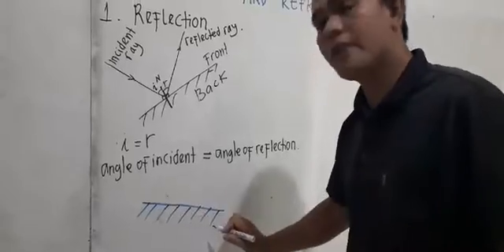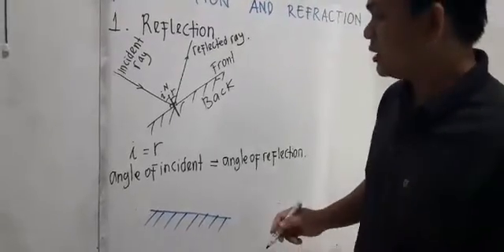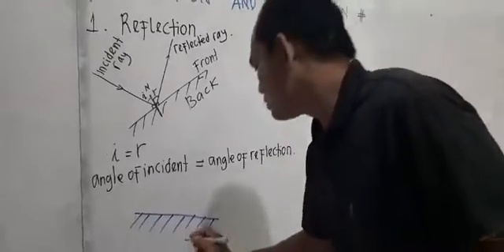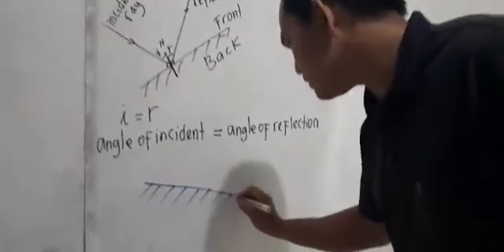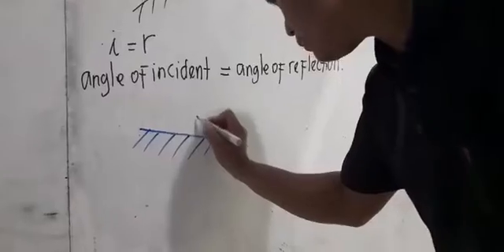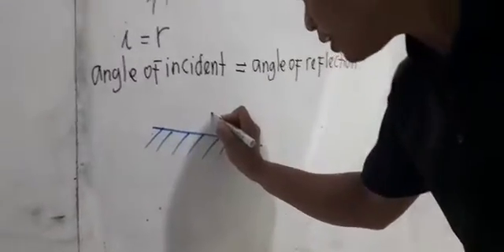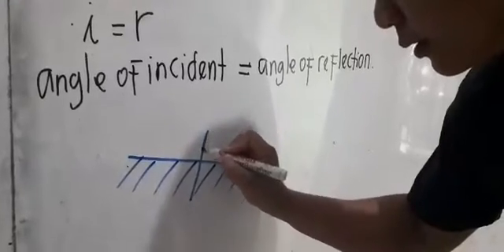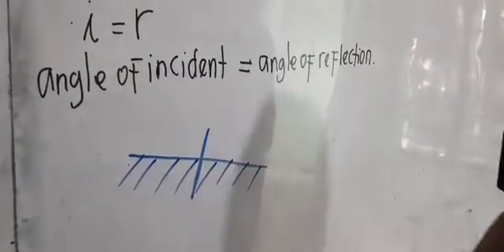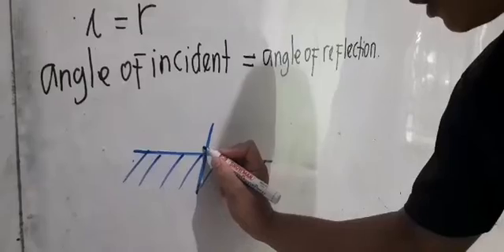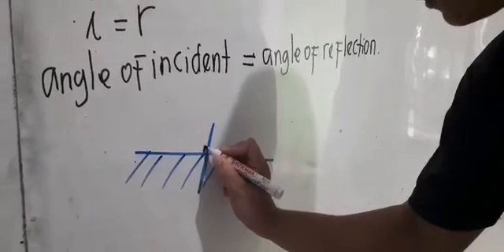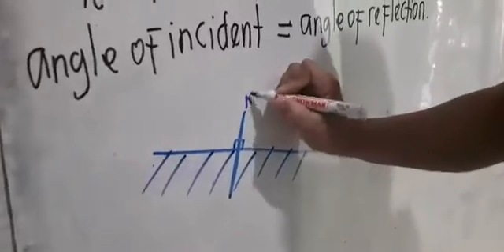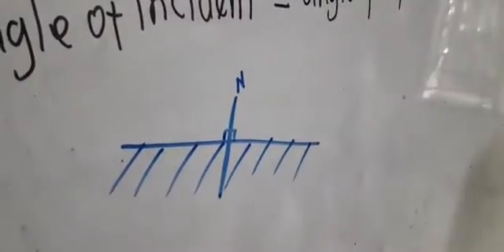This is the back surface, this is the front surface. So how to draw the normal line? We have to see the surface and then make it perpendicular. It is better if you use a protractor or tools to make it perpendicular like this. So this is what we call the normal line.